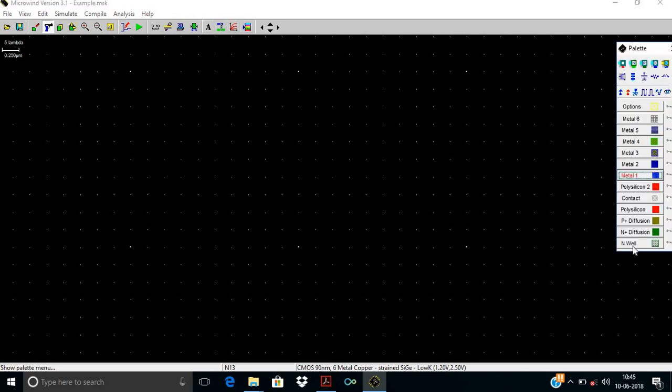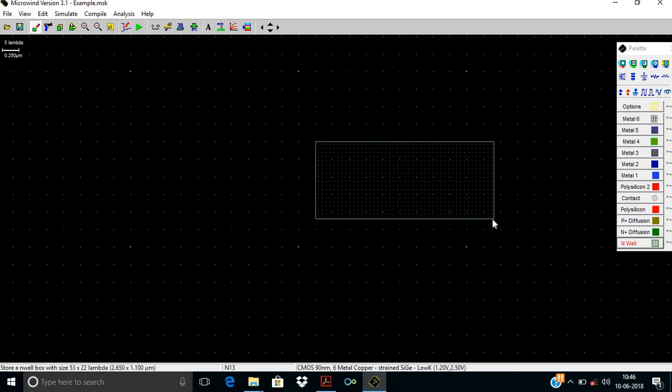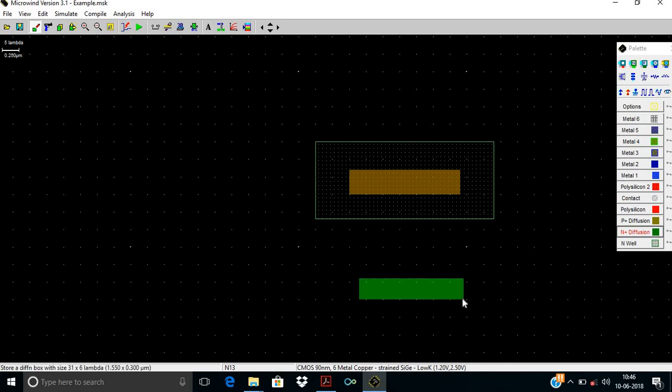Open the palette. Now connect the source and drain using metal.